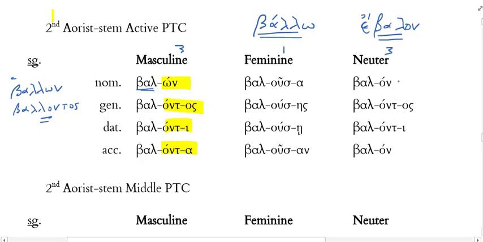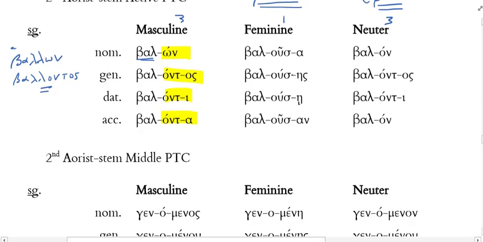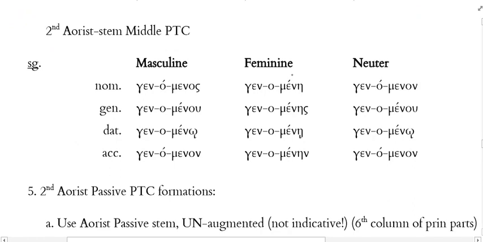Balon should have been balant with no ending, and the final tau drops out, right? So that explains that form there. Balantos, balanti, and balon. Remember, the neuter forms have identical nominative and accusative. Okay, and if I asked you to write down all the plural forms, I'm sure you could do it, couldn't you? Yes, absolutely.